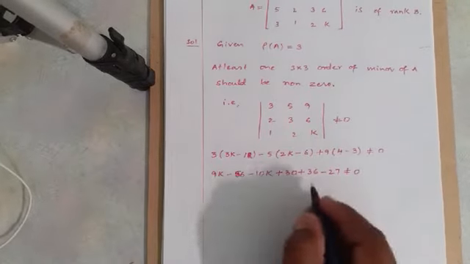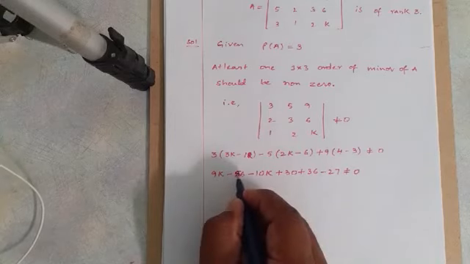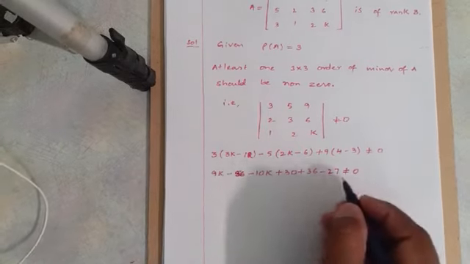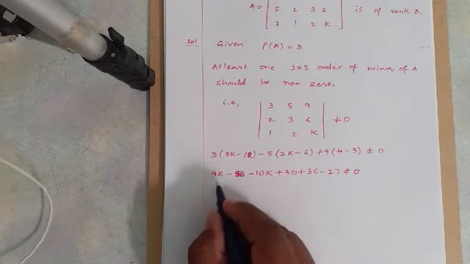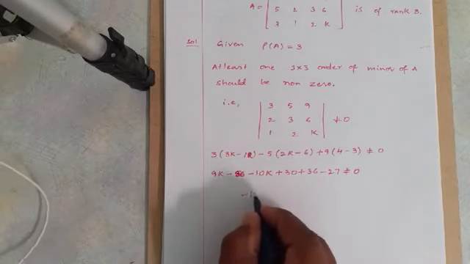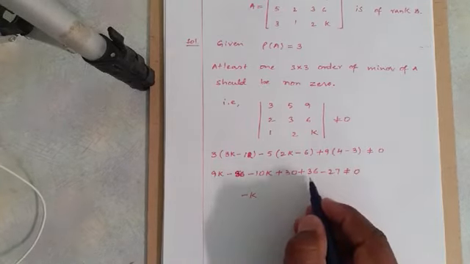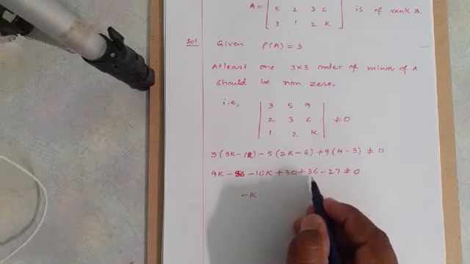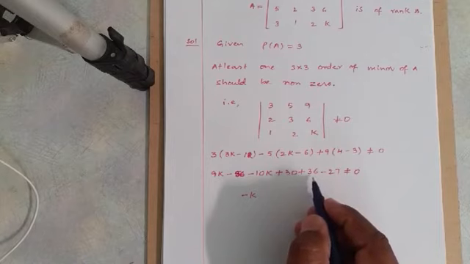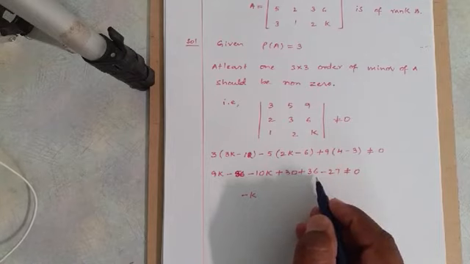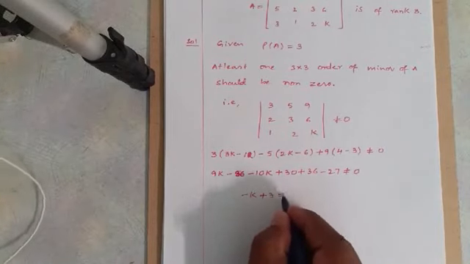Now when you simplify, first we take the k value. Minus 10k and 9k: 9k minus 10k is minus k. Then minus 36 plus 30 is minus 6, minus 6 plus 36 is 30, minus 27 is plus 3, not equal to 0.